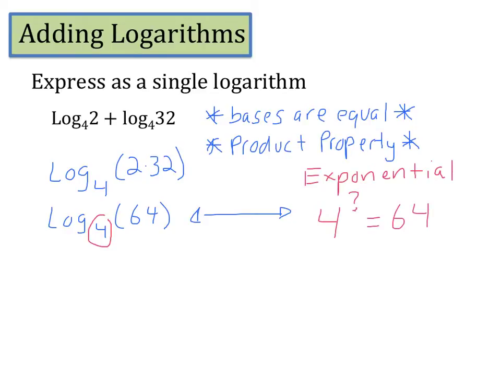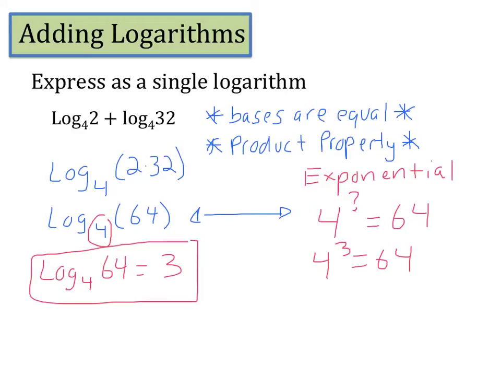Well, when we put it like that, we easily know that 4 raised to the third equals 64. So the answer to this logarithm, log base 4 of 64, equals 3. Sometimes it's helpful to write these as exponential functions and to see what the actual answer is.